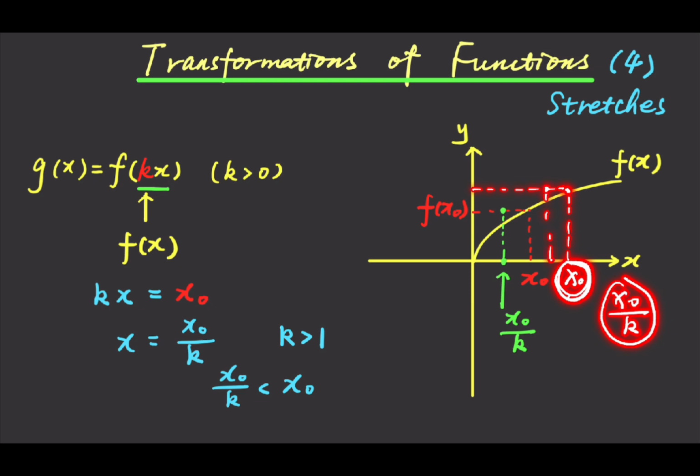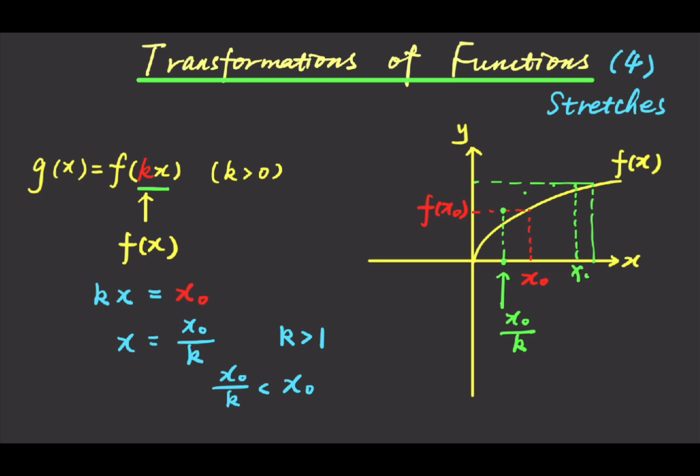For every point, we need to move the x coordinate to the left side. Perhaps it should be here. This point, this point, this point. Then we need to get the corresponding image points.